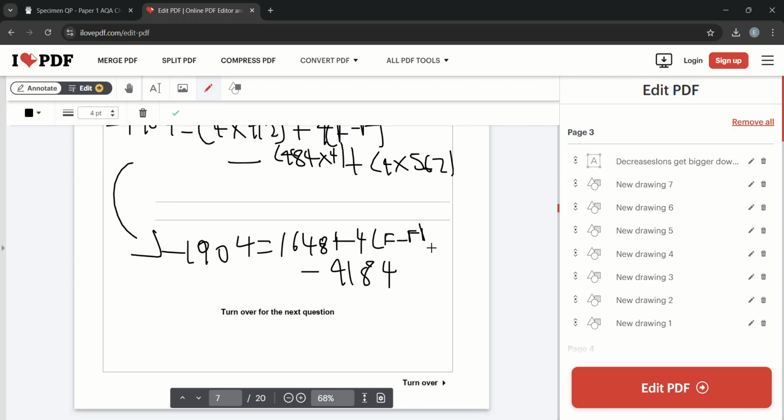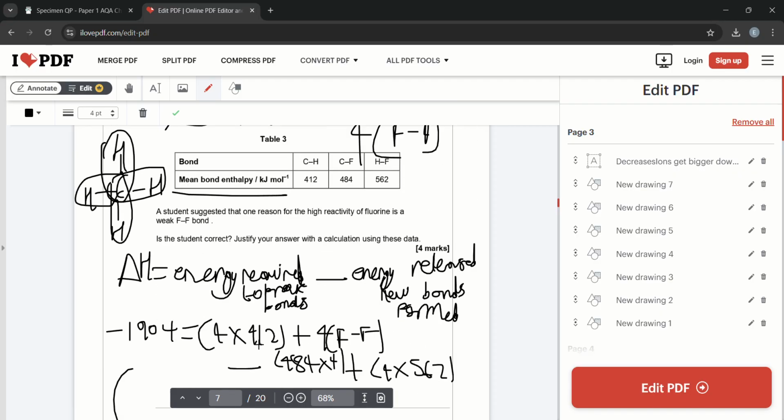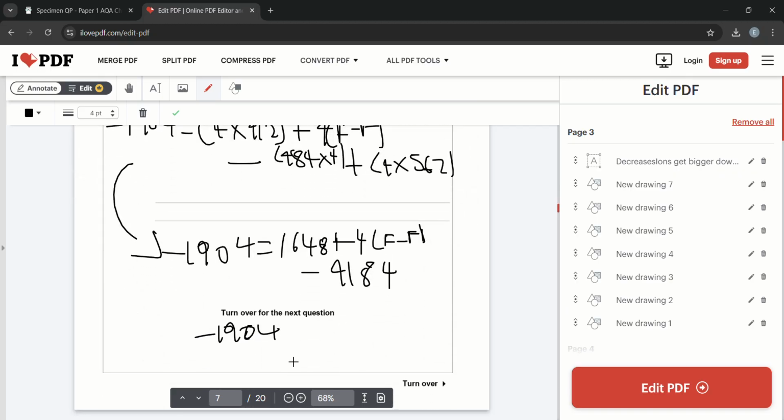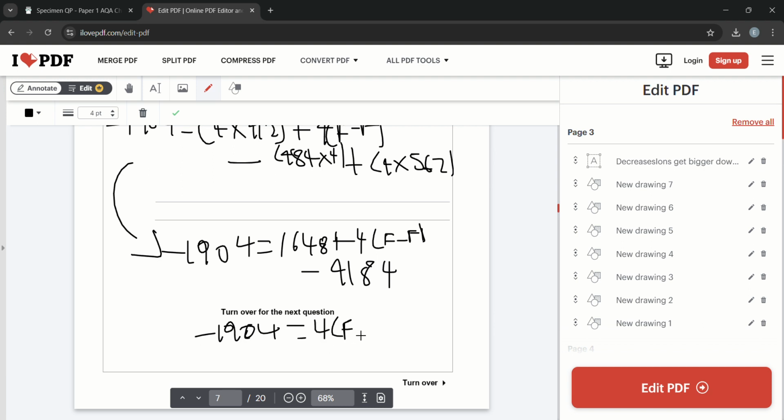So minus 1904 equals 1648 minus 4184, plus 4FF, which is minus 2536.